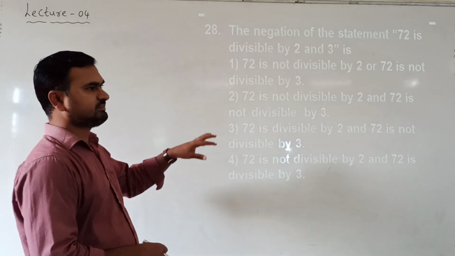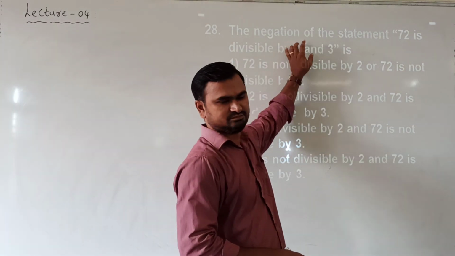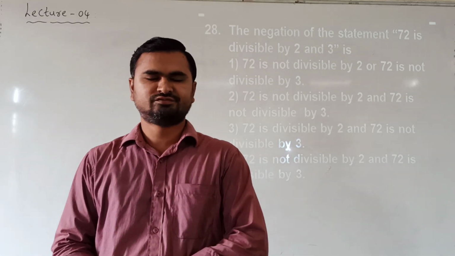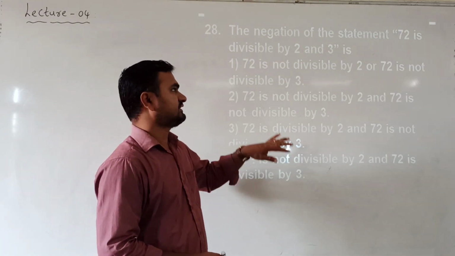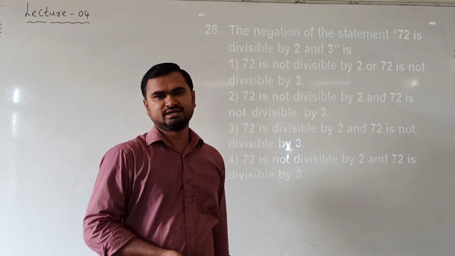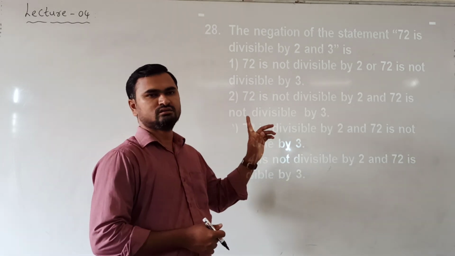So we have a compound statement. For this we need a negation. Okay. So for finding negation of compound statement, we have to use the laws of negation. So for that, first we convert this word form into mathematical form. Then we write its negation. Again we have to convert back to word form.